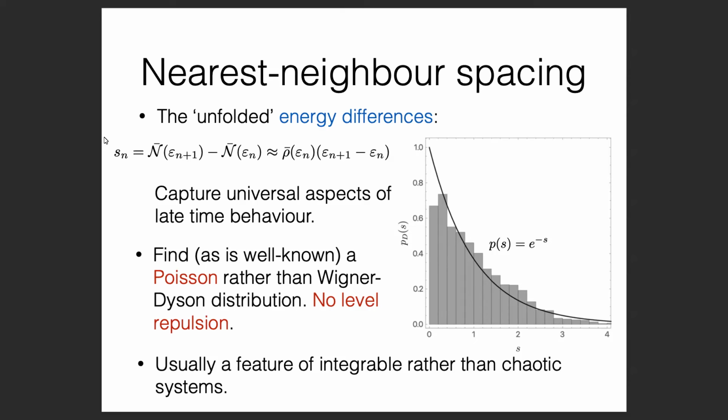What you're supposed to get for a generic chaotic system is a Wigner-Dyson distribution, which has this form. It's more like that. Again, this is a classically chaotic problem, but it's quantum or arithmetic chaos. This is more typical of an integrable system. So it suggests there are some conserved quantities floating around, which in fact there are.